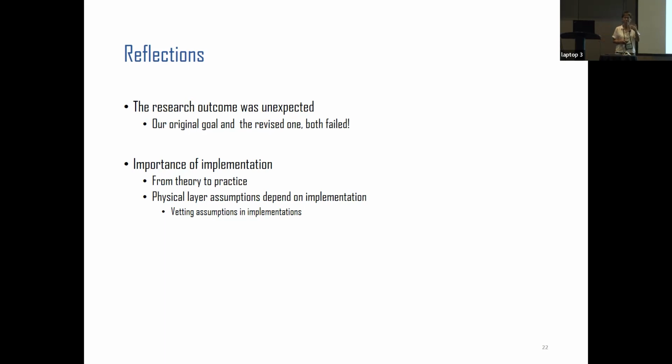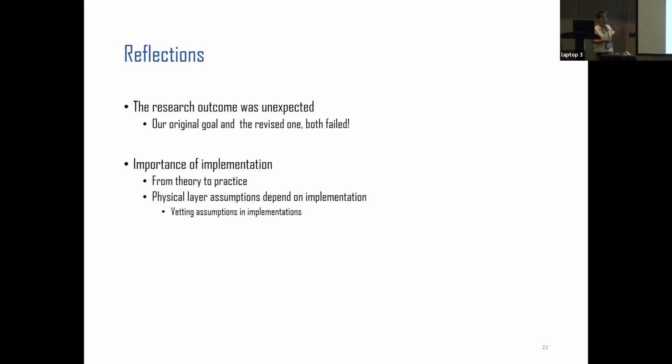As I said, implementation can be done on different platforms. We used software-defined networking, but if we had implemented this over the internet, it would have been a completely different result. So even in terms of implementation, the underlying technology is going to affect your final result.